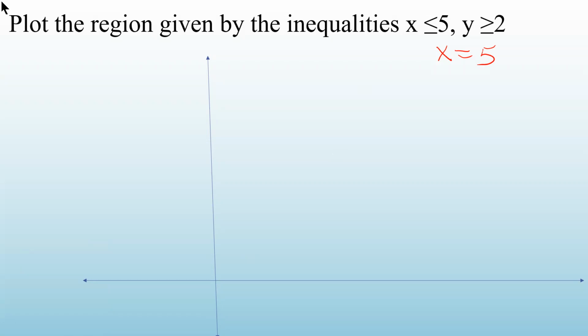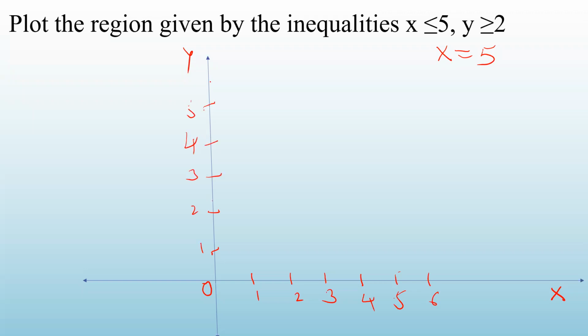So let us draw this line first. So you know that I have plotted these. This is my x axis. And this is my y-axis. This is the origin 0, 1, 2, 3, 4, 5, 6, and so on. And 1, 2, 3, 4.